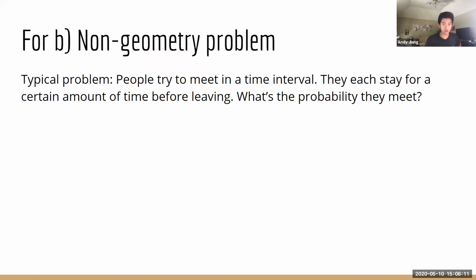And then for non-geometry problems, this is the typical problem you'll see in MathCounts or AMC. It's like people who want to meet at a cafe, but they only stay for a certain amount of time. And they want to meet during this time interval. What's the probability that they meet? And we'll see one of those problems. But these can come in any shape.